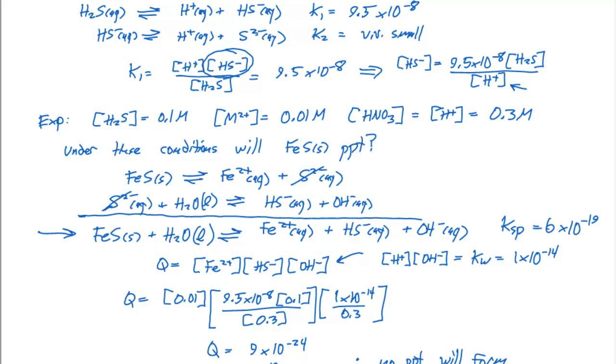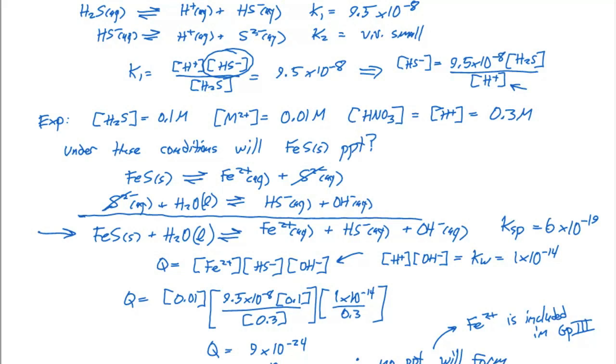And as part of this conclusion, we can say that since no precipitate will form, iron 2 plus is included in group 3. So our iron 2 plus is going to be included in our group 3 characteristics, or we'll place it in that group.